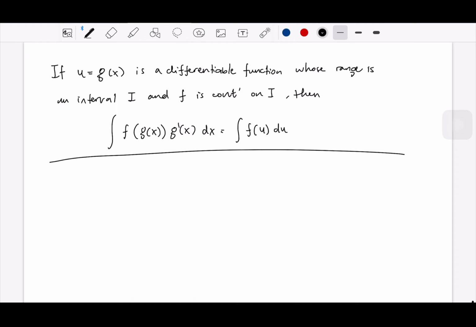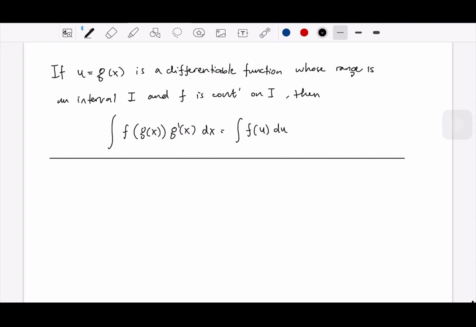This is what we did before. So the example is on the previous page. Then this is just a definition.